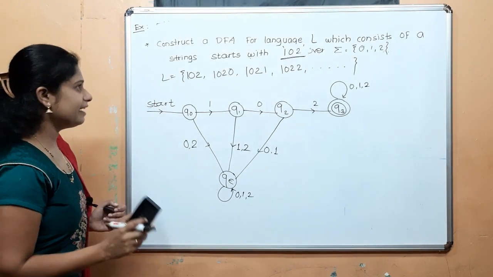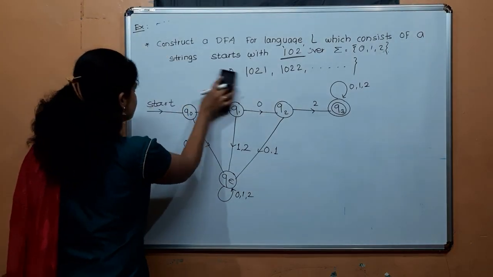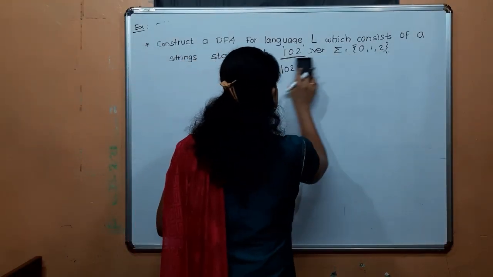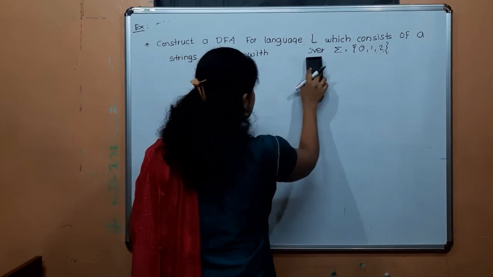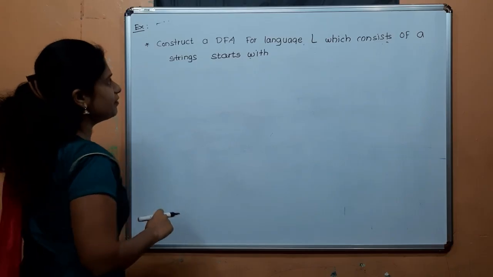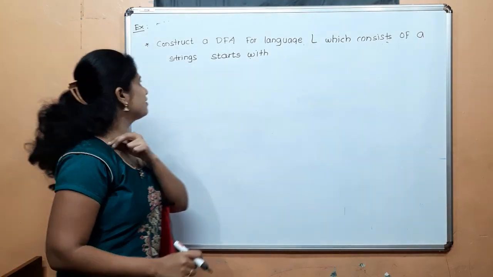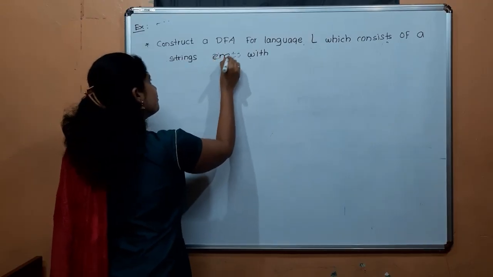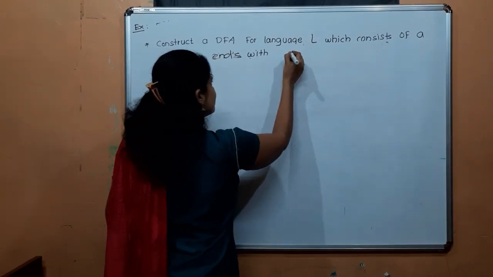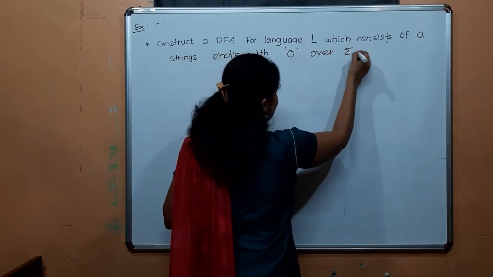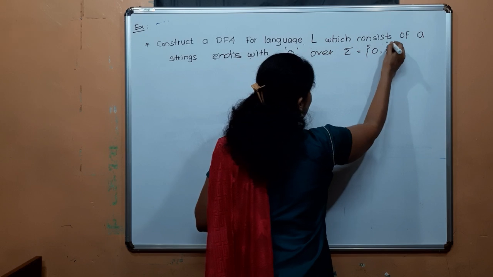Next example is ends with. See the example: construct a DFA for language L which consists of strings that end with 0 over the alphabet 0, 1.